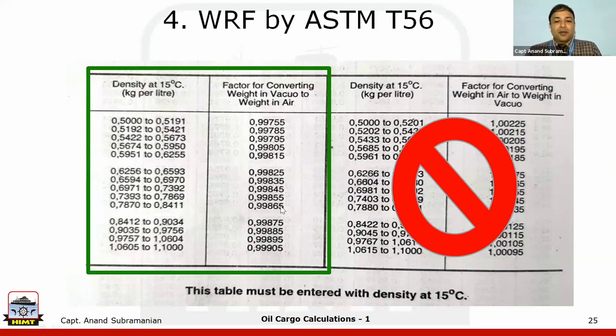If you pick up a wrong factor from the top or the side of this table, the whole thing is lost. So the easiest way is to use the density in air by just subtracting 0.0011 from the density in vacuum. All right.